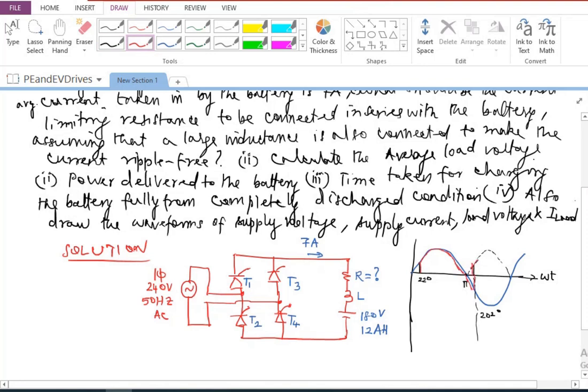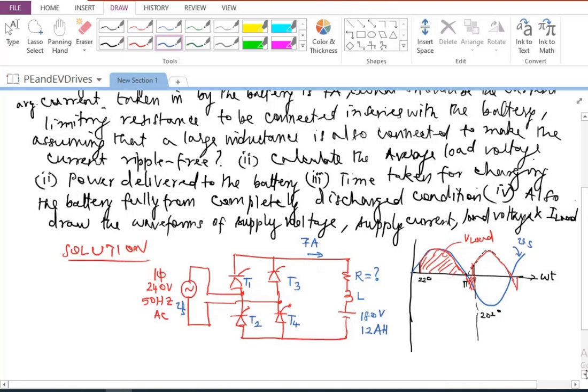And again, this will follow this. What I see as the voltage is somewhat like this. So this is V load, and whatever I have drawn in blue color, that is V supply. If I may call this as Vs, this is what is Vs and this is V load.